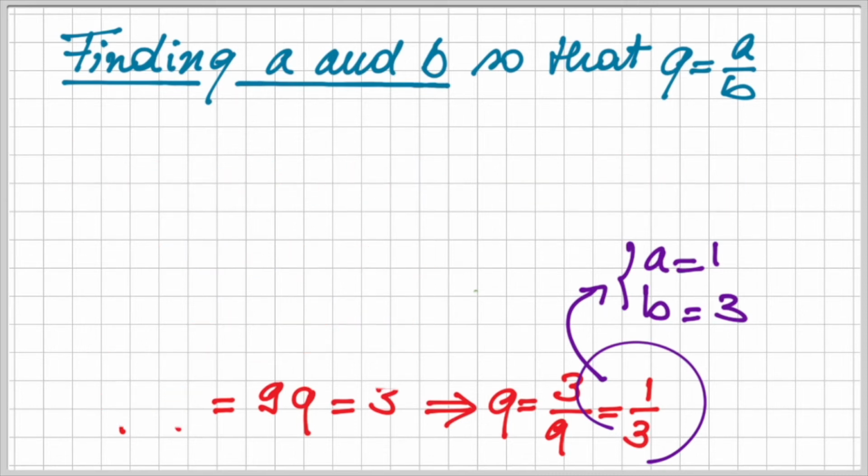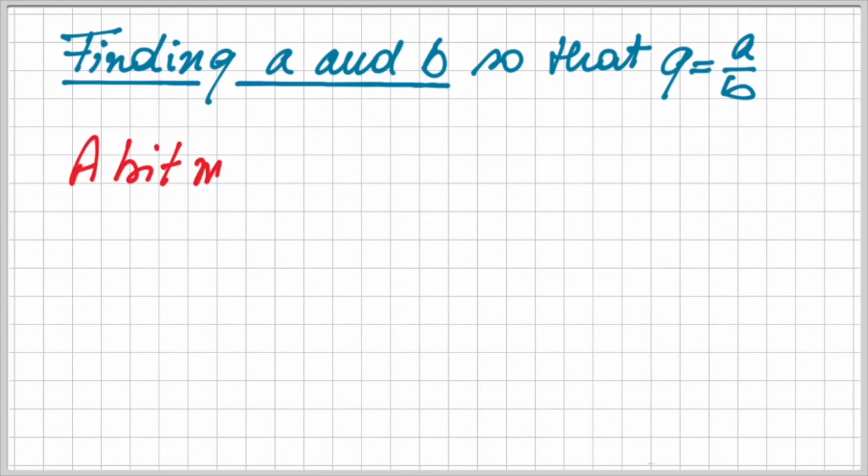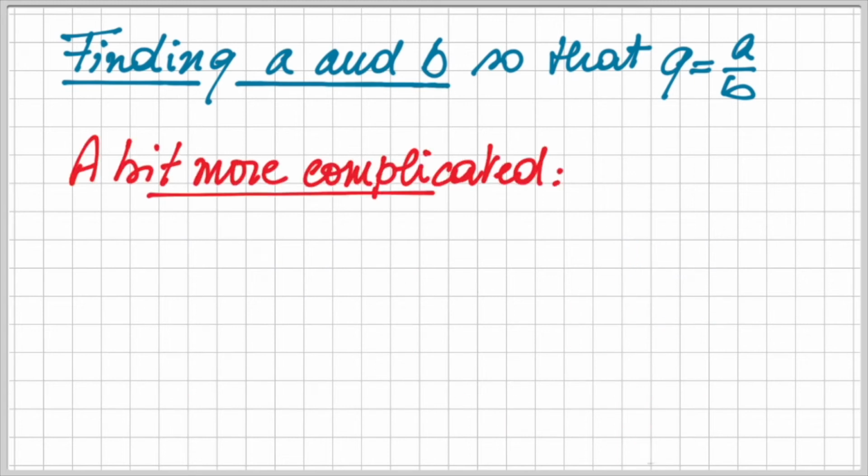Let's now look at another number. And that other number is a little bit more complicated. So we increase the complexity, and now we have two repeating decimals. We have q equal to 0.7575.